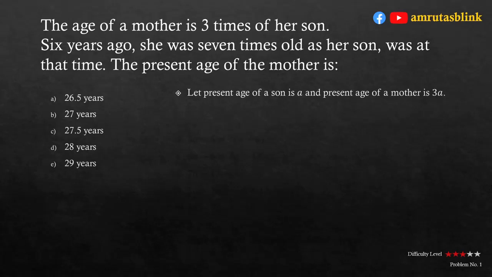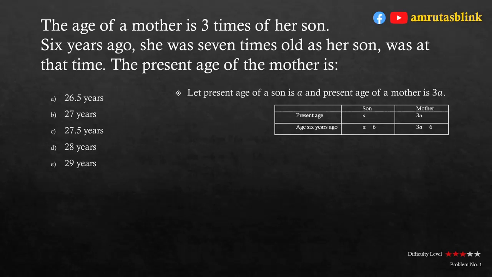So, let us assume the current age, that is present age of the son is, let us say, A. Now, the age of the mother is 3 times of her son. So, if the age of the son is A, then obviously age of the mother will be 3A. This is current age.